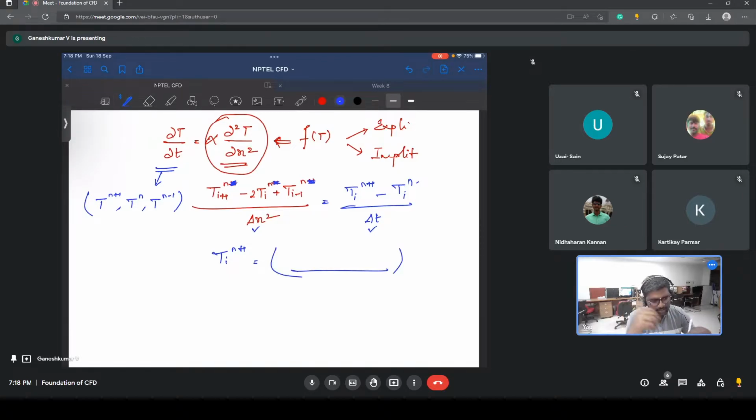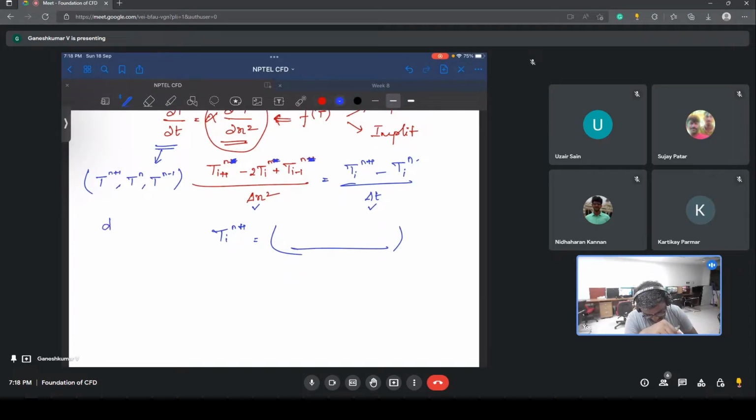But explicit schemes have stability issues. That's what we saw there. For this kind of scheme, you need to make sure that d is less than half. If you go back to the lectures and take a look, it will be something like this. If you make sure it is less than half, explicit schemes will give you a solution which does not require any solver.